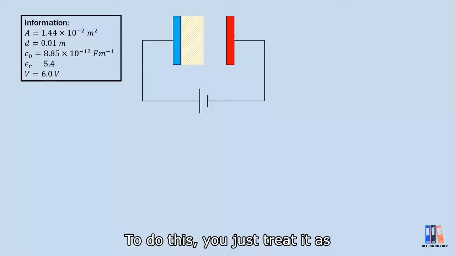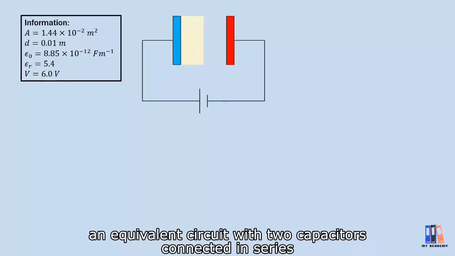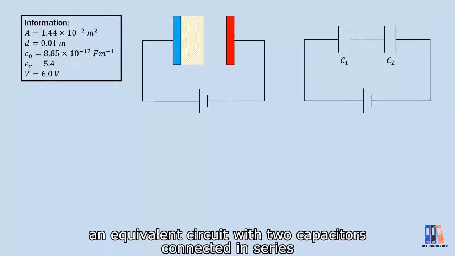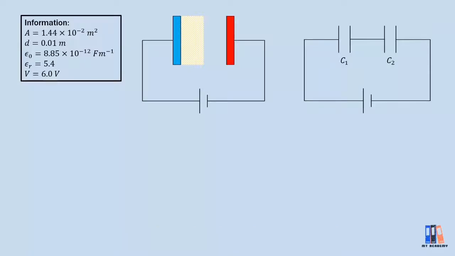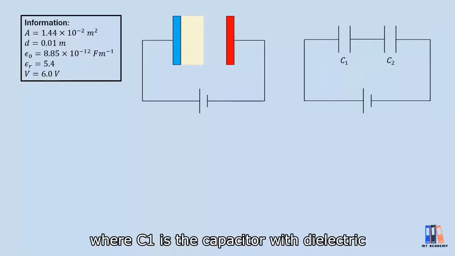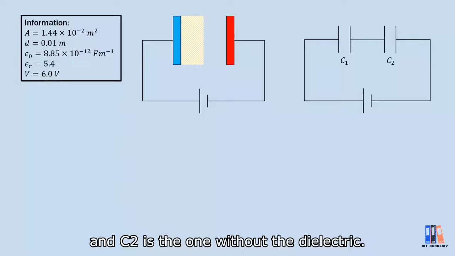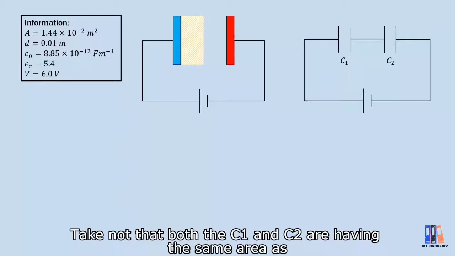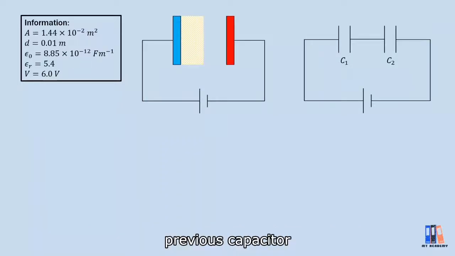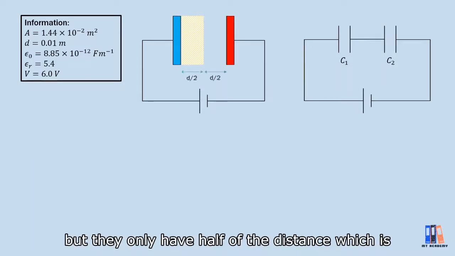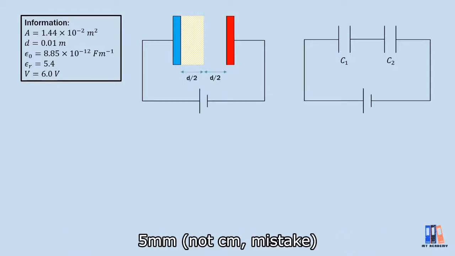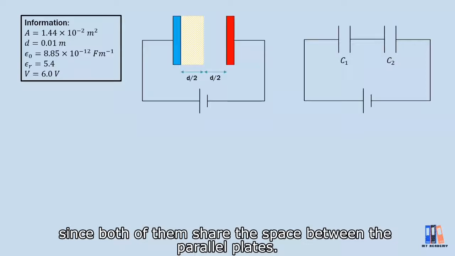To do this, you just treat it as an equivalent circuit with two capacitors connected in series, where C1 is the capacitor with dielectric and C2 is the one without the dielectric. Take note, both C1 and C2 have the same area as the previous capacitor, but only half of the distance, which is 5 centimeters in this case, since both of them share the space between the parallel plates.